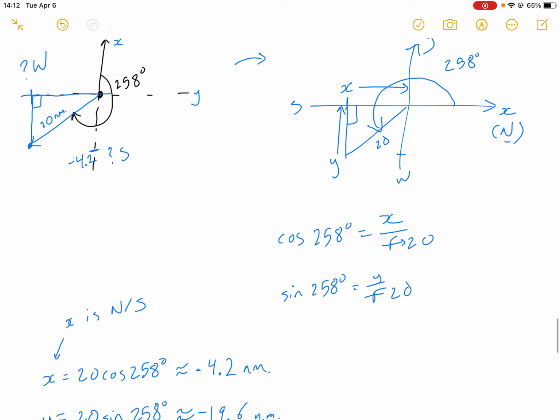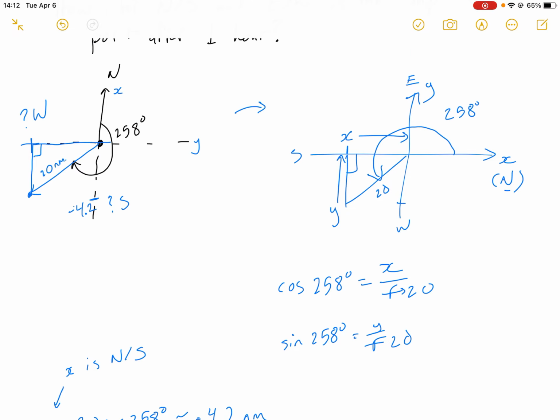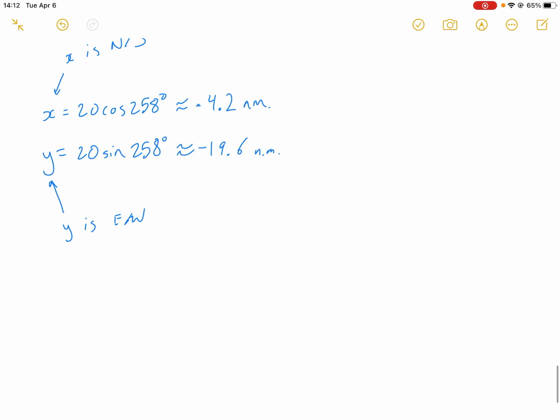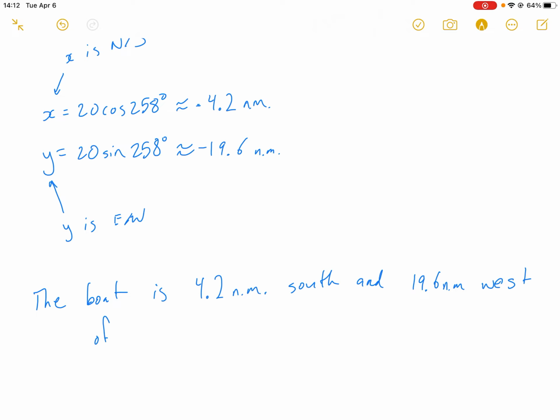So rather than saying the boat is 20 nautical miles bearing 258, we could now say the boat is 4.2 nautical miles south and 19.6 nautical miles west of port.